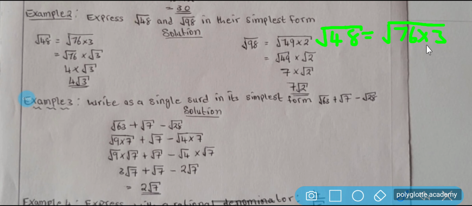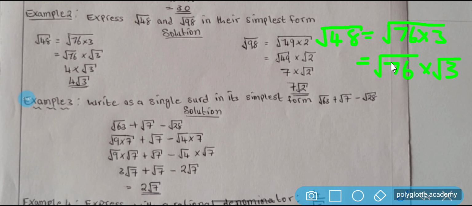If we multiply 16 times 3, we are going to have 48. So now the next thing we are going to do here is to separate the roots.